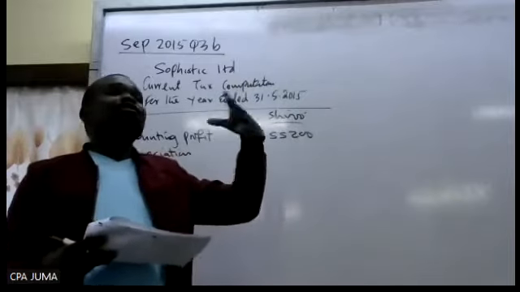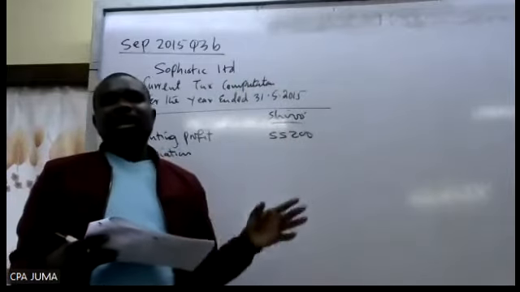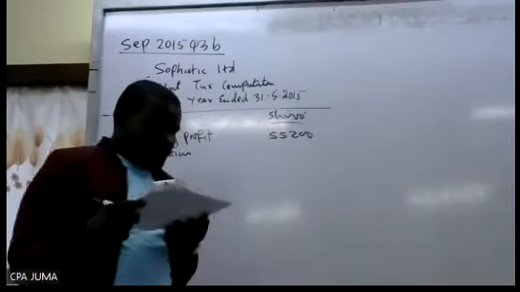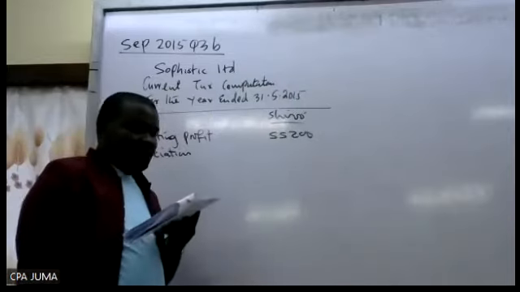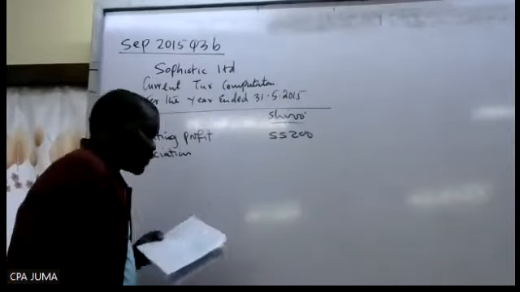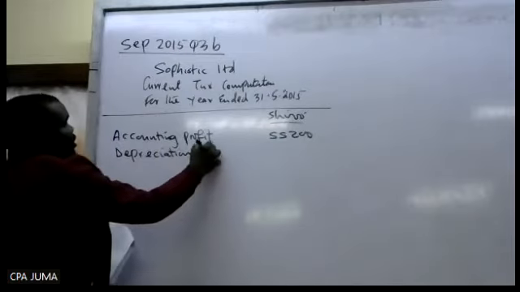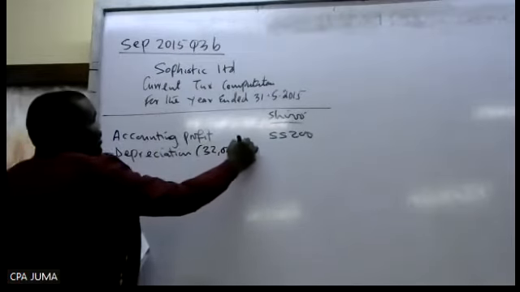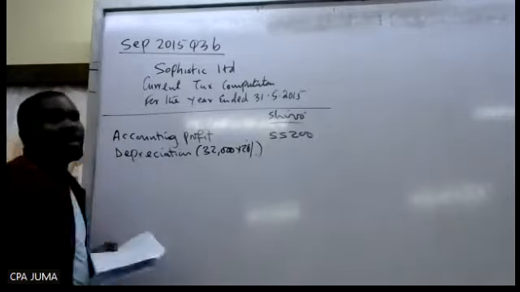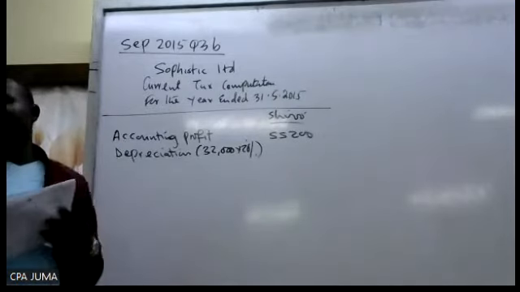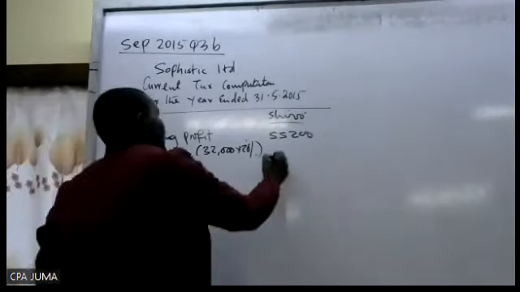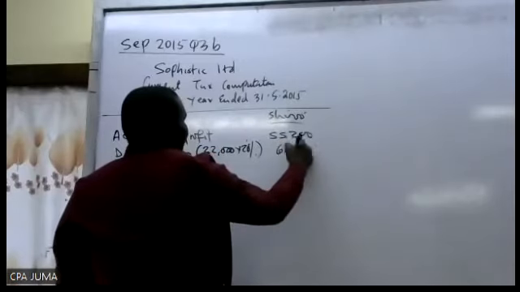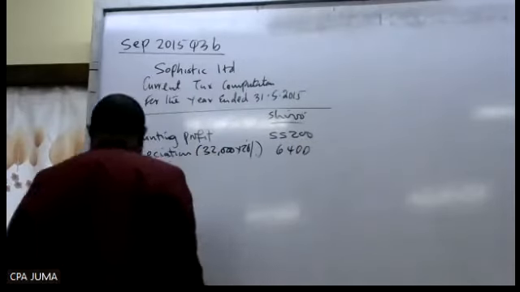So you just check the cost of plant at the start, multiply. So the cost of plant in 2014 was how much? 32. So take 32, multiply by the rate which is 20%. What do you get? 6,400. Correct?